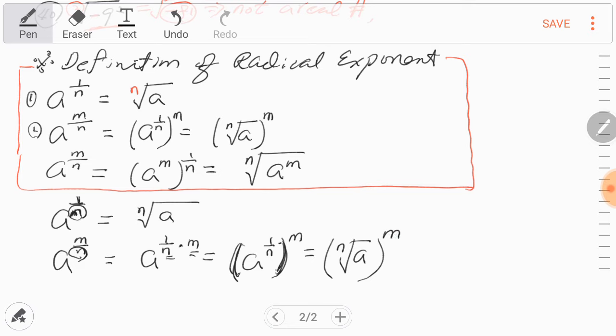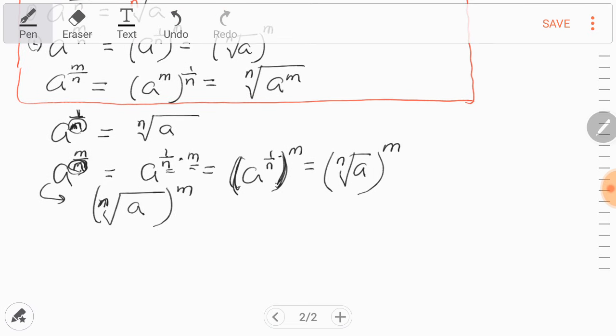The n goes to the nth power; the denominator goes to the index. And then you can write a, and make this whole thing mth power.